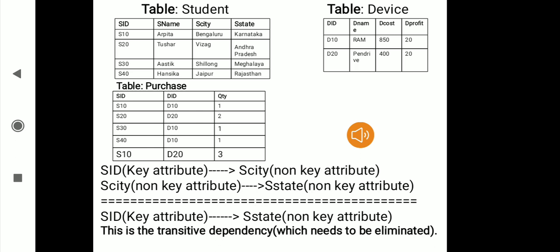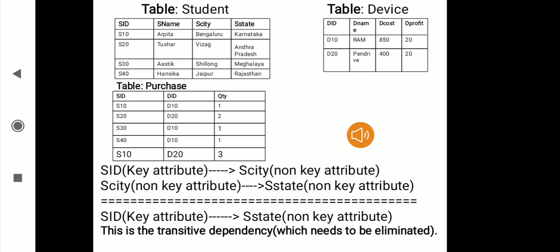For every SID there is a unique city. That means for SID as S10 the city is Bangalore. For SID as S20 the city is Vizag. For SID as S30 the city is Shillong. And for SID as S40 the city is Jaipur.